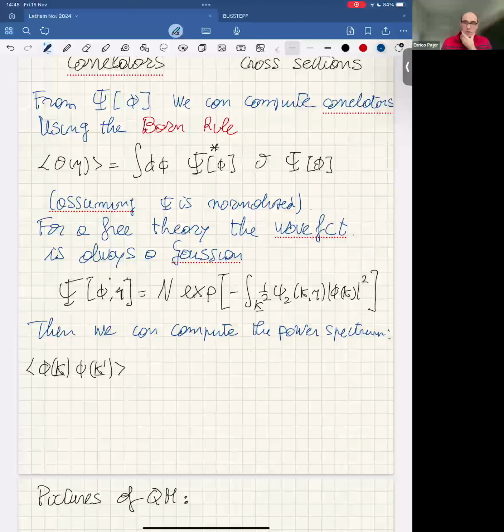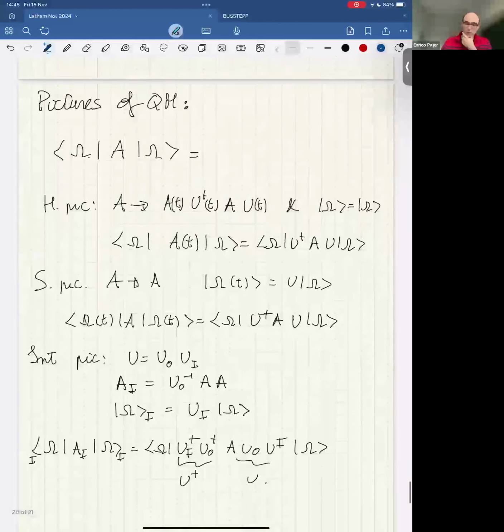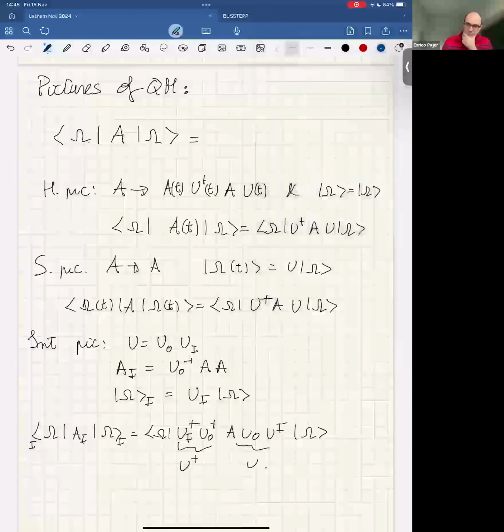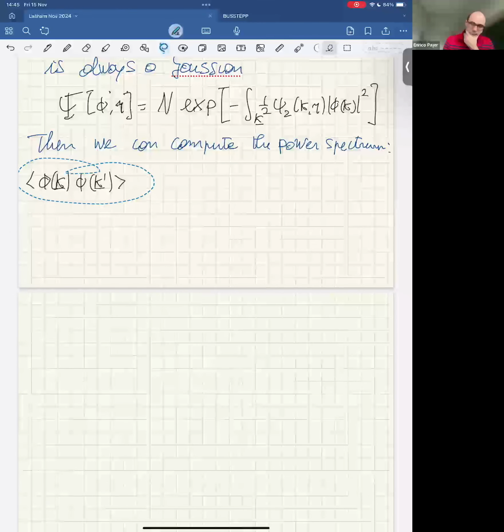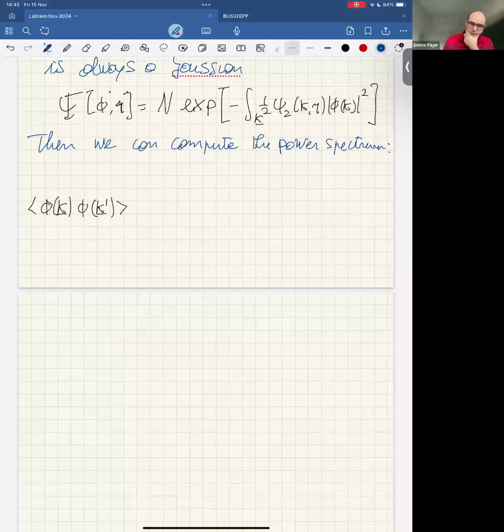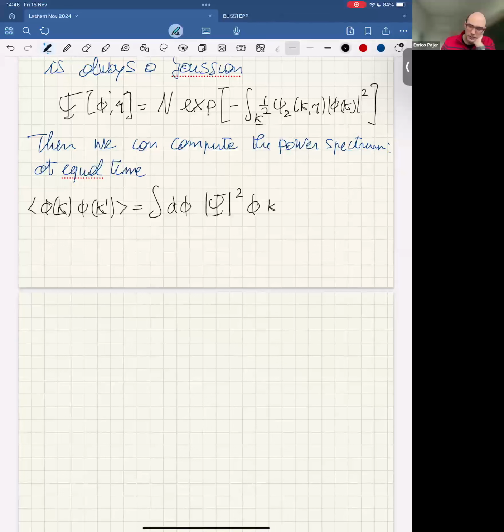The wave function is very good to compute equal time correlators, so I will not write time, but everything is evaluated at the same time. So you should use this Born rule that says do an average over all possible phis of the wave function squared times phi of k, phi of k prime.